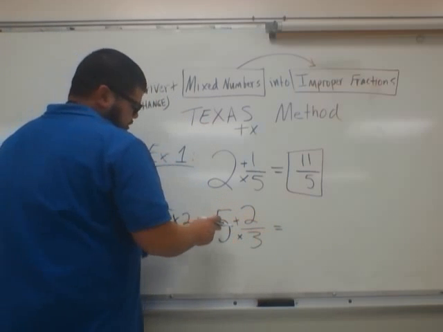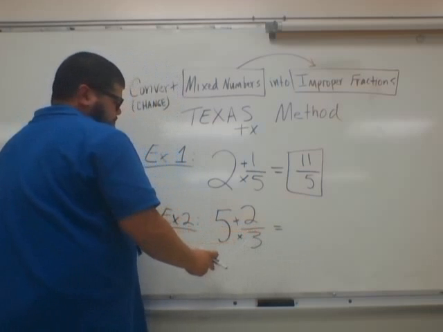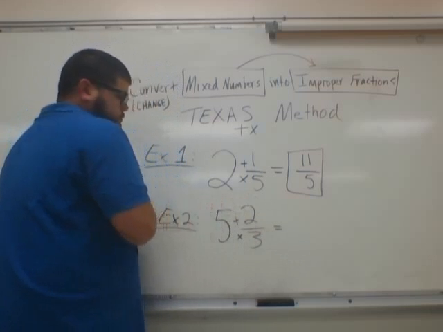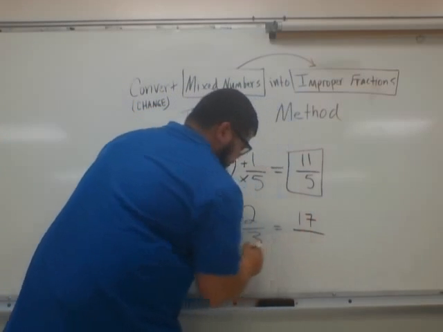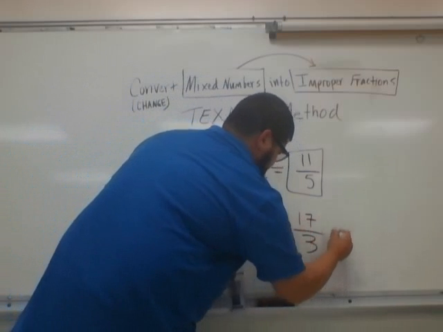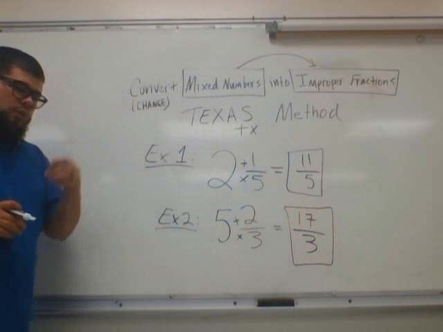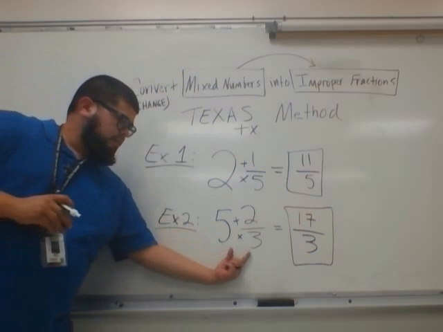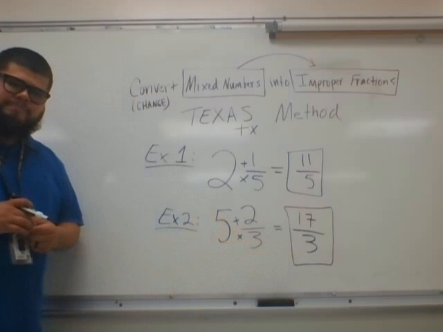Remember, multiplication first. 5 times 3 is 15. 15 plus 2 is 17. Over the original denominator, which is 3. Okay? So again, we're converting our mixed numbers into improper fractions.